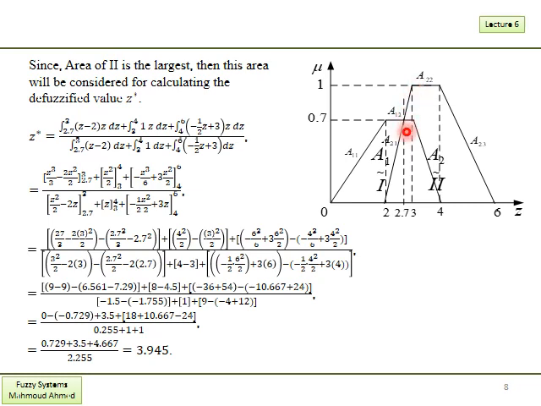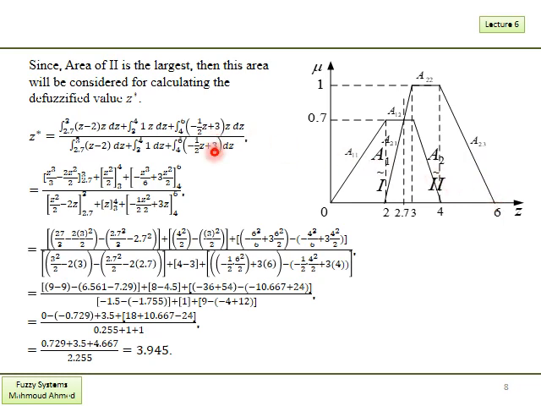The limits of the integrator is from 2.7 to 3, and this is the equation describing this straight line. The second region is from 3 to 4, and the third region is from 4 to 6.